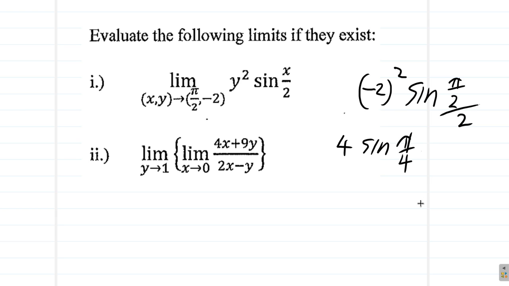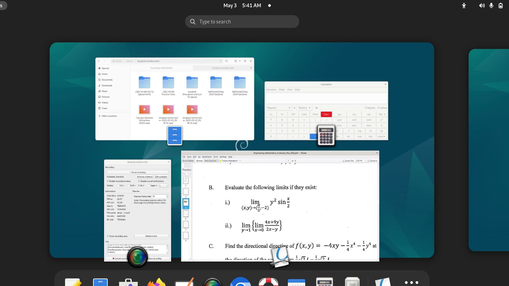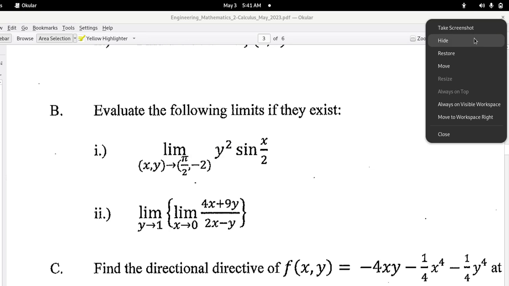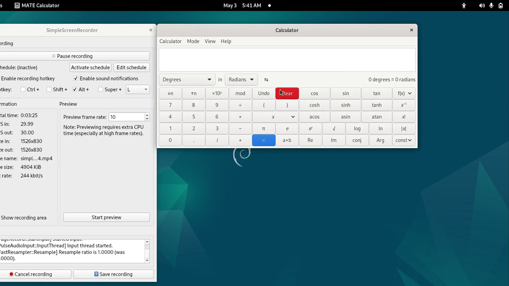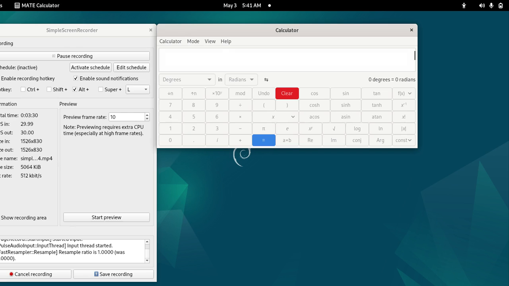Let me reach for my calculator. Where's my calculator? My gosh. Calculator. What was it again? Pi over 4.